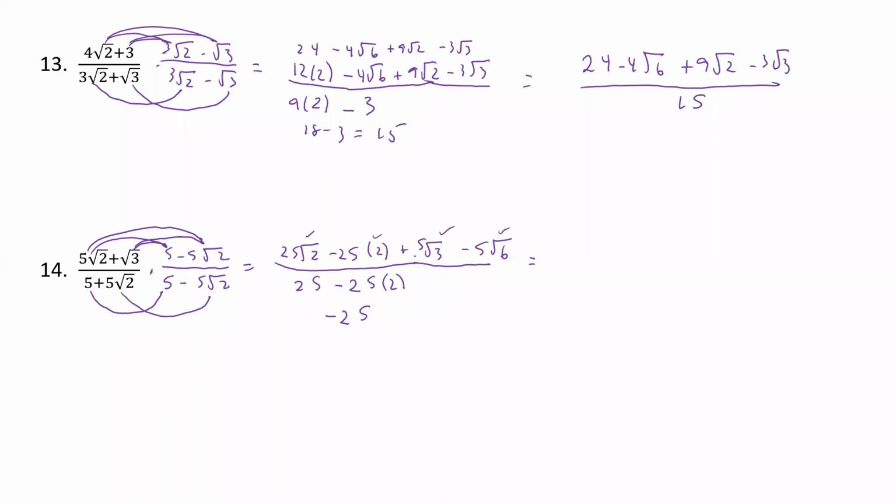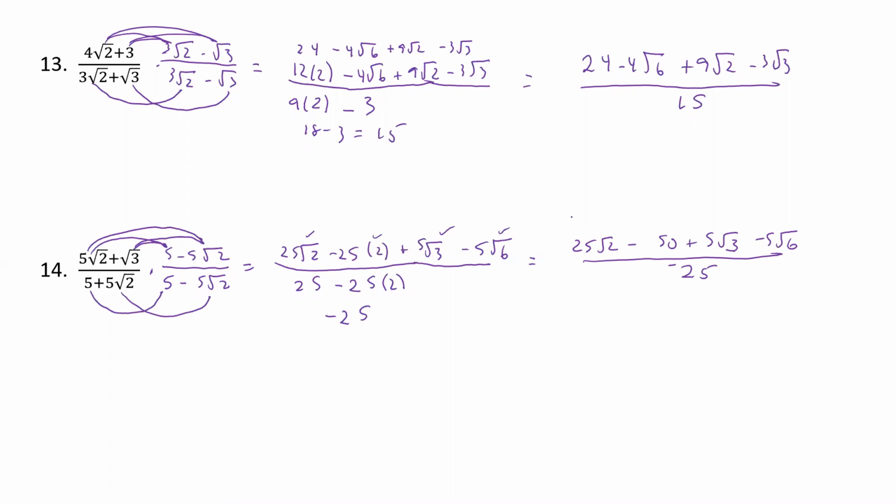Let's see what we have though. All right, so we have 25 radical 2 minus, and then that's a 50, then plus 5 radical 3, and then minus 5 radical 6, all over a negative 25. Oh, I see one thing I can do. All of these have a 5 in common, and this has a 5.